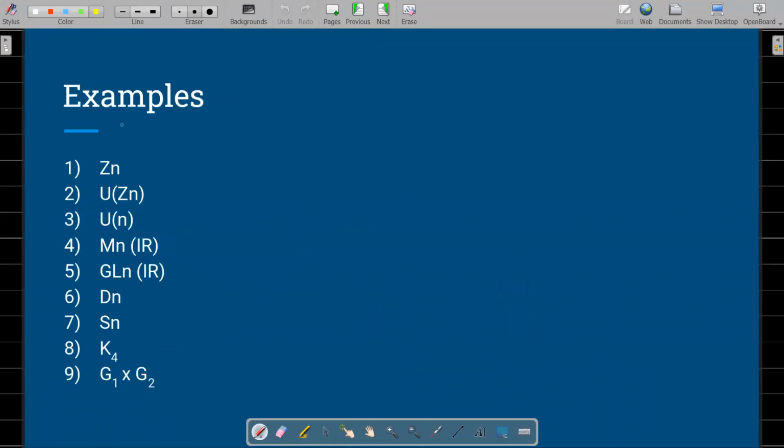Okay. So we'll do some of these examples and add particular cases. So I'll do Zn for n equal to 4 or maybe n equal to 5. I'll explain what U of Zn is. Later on in our course, we'll see various examples from here. I'll do the special case of Dn today.